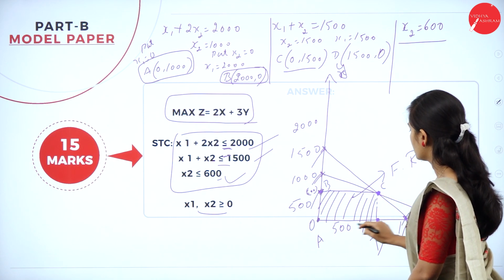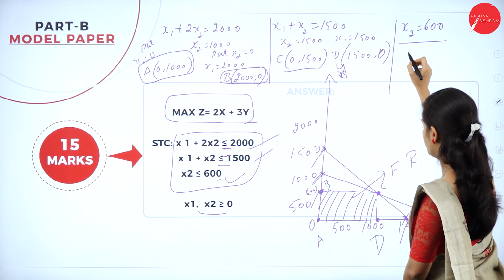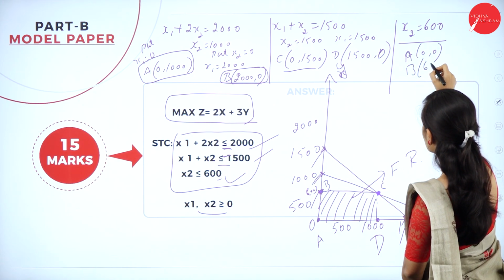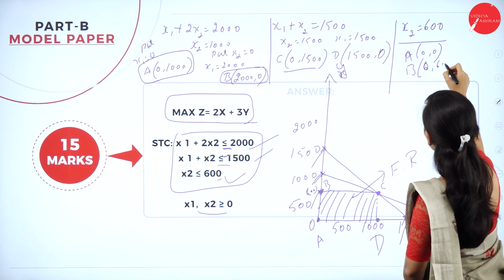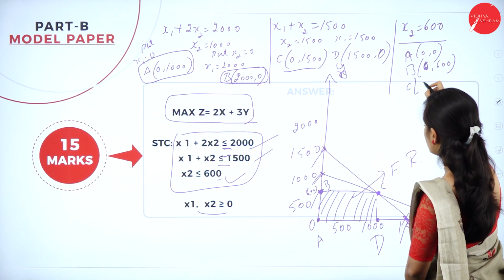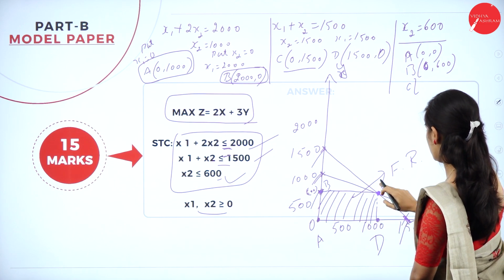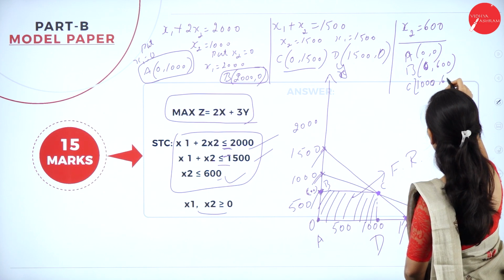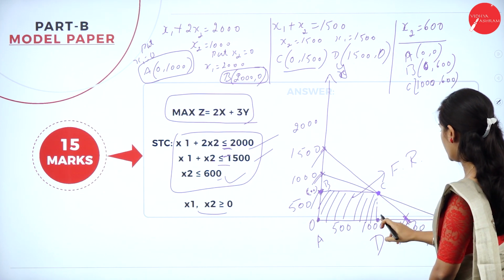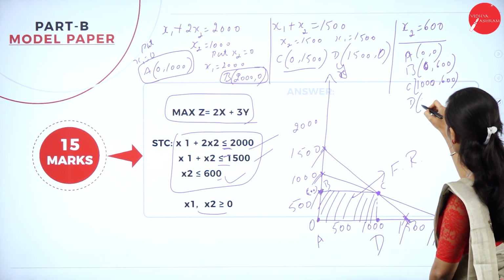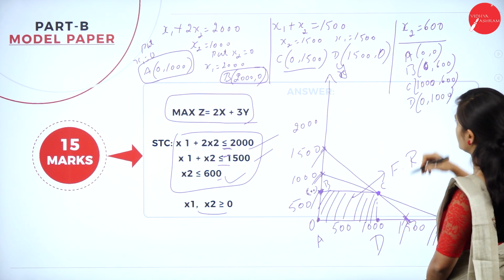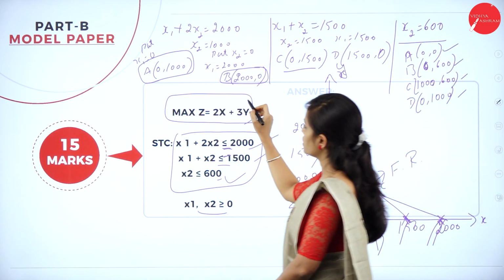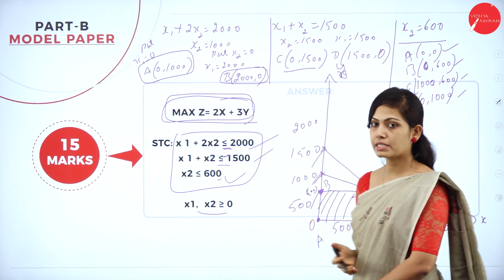Is it right? So take these corner points: A is (0, 0), B is (0, 600), C is (1000, 600) and D is (0, 1000). These corner point values you have to substitute in the objective function to get the maximum value.